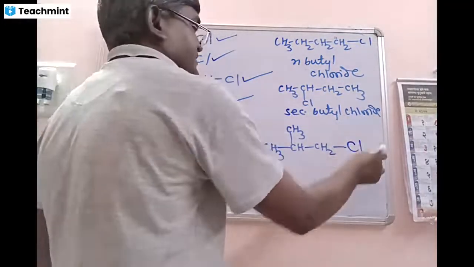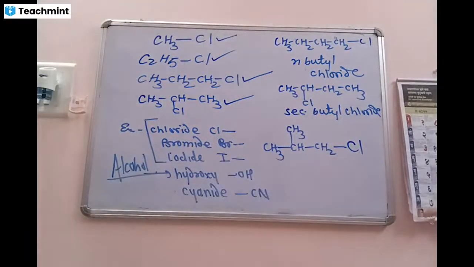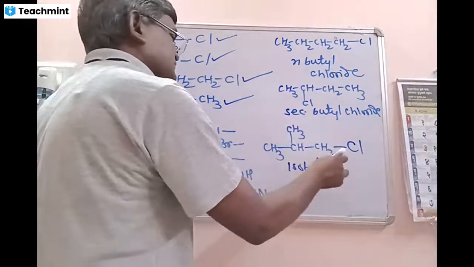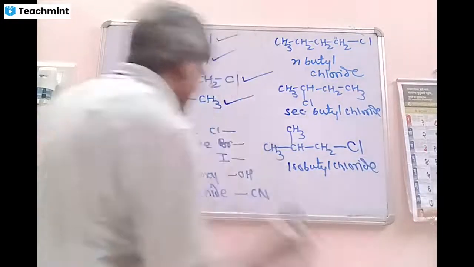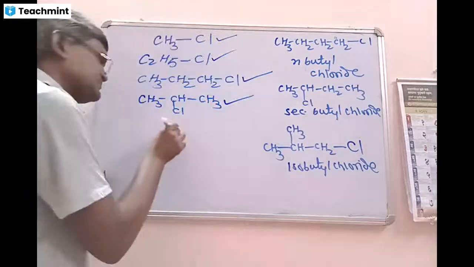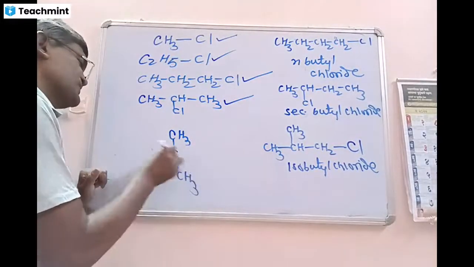Then you can have this one. So can you write it down? Isobutyl chloride. Yes, you got the name. This one is isobutyl chloride. Only one is left. Tertiary butyl chloride.